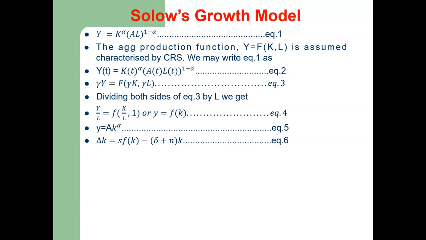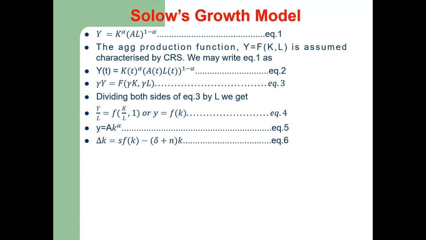In this case, there will be a state in which output and capital per worker are no longer changing, known as the steady state. If A is increasing, the corresponding state will be one in which capital per effective worker is no longer changing. In that case, the number of effective workers rises as A rises. This is because when workers have higher productivity, it is as if there were extra workers on the job.